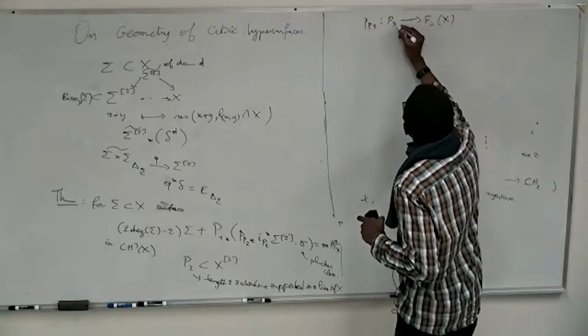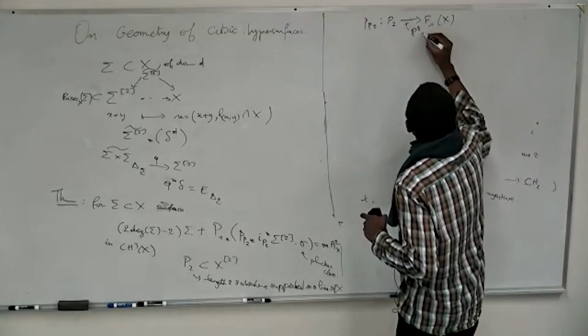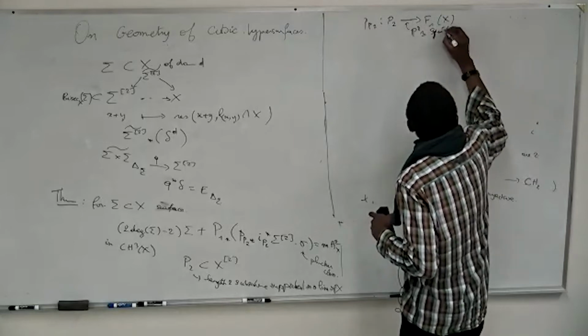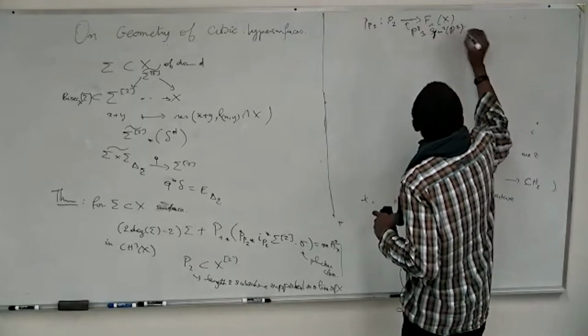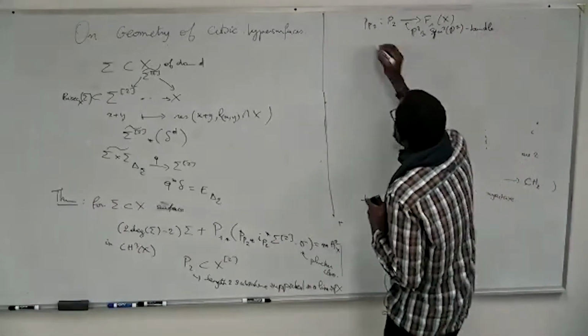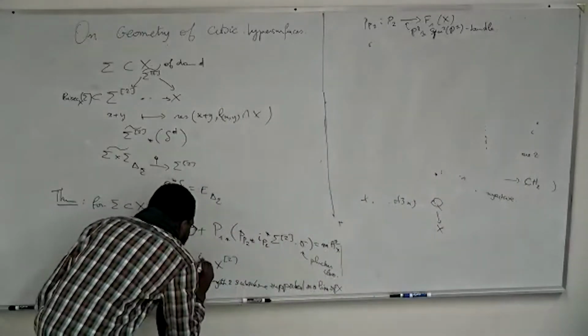Looking at the associated line, this is just a P2 bundle, P2 seen as a symmetric product of a P1 bundle. And I is just the inclusion here.